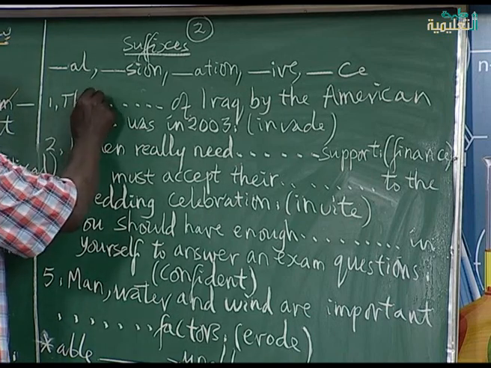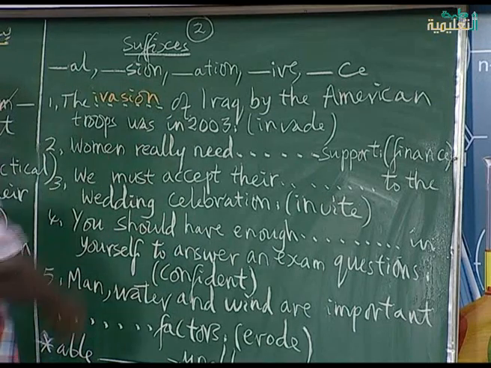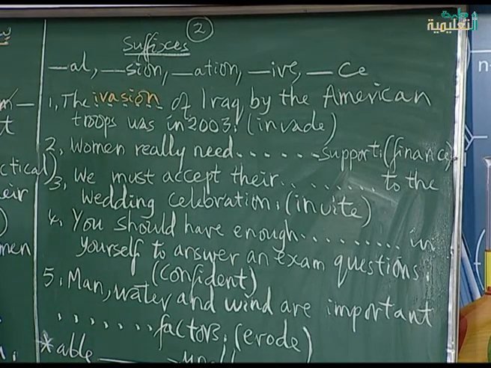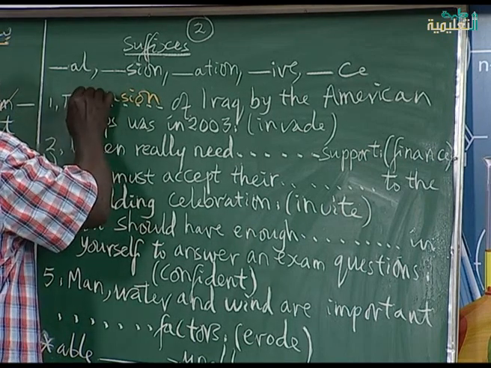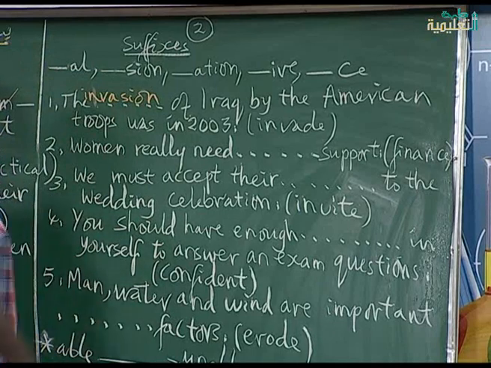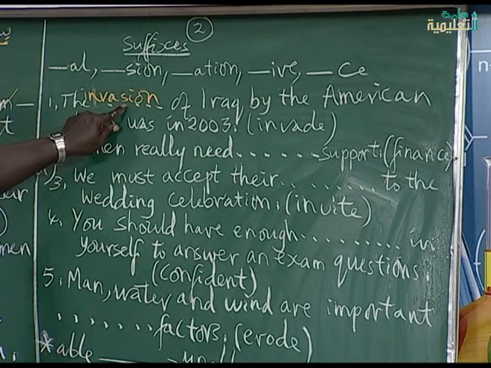Let me write it here. I hope you have your pen and your piece of paper so that you can write invasion. INV, we are going to drop the DE and then we add the suffix SION.